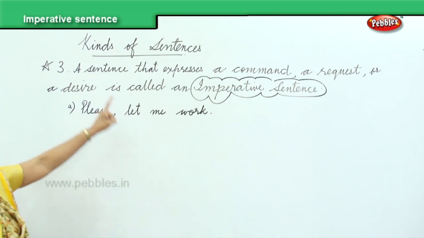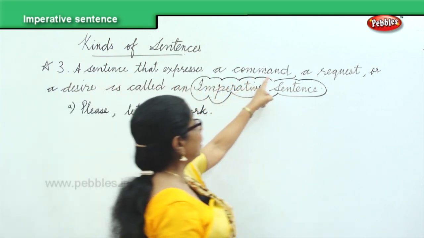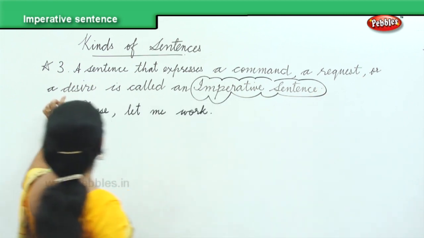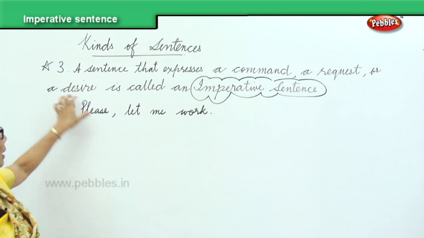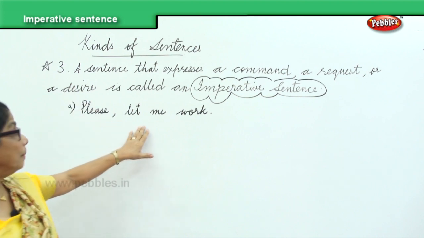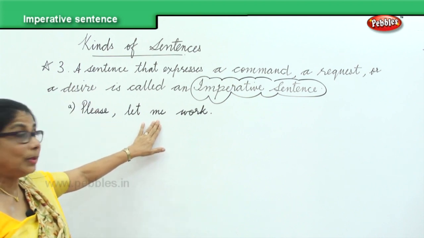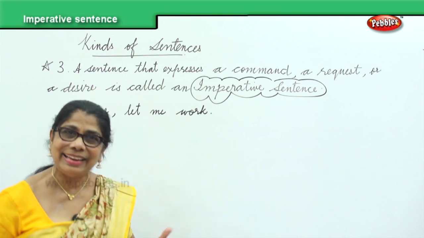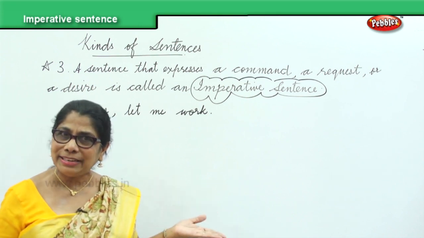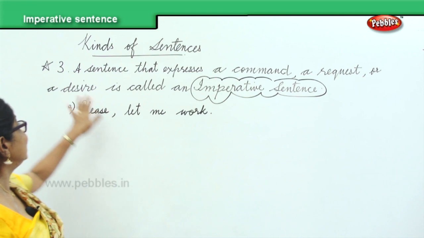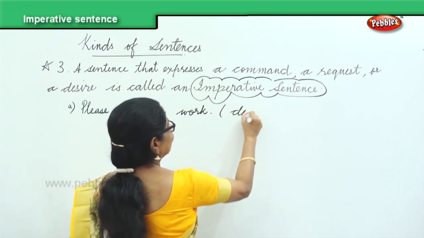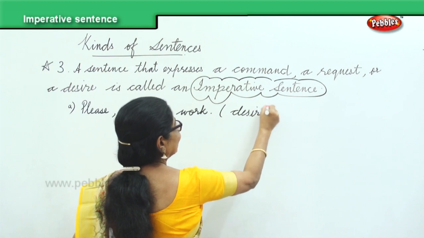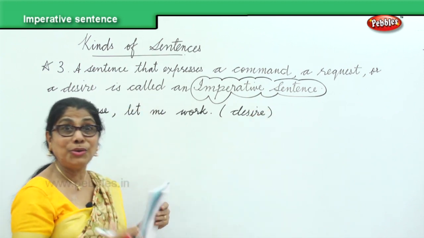An imperative sentence expresses command, request, desire. Under what category does it come? Desire. I have a desire to work. Please, let me work. It's an imperative sentence, and what is it? Expressing desire. Desire to work, longing to work.